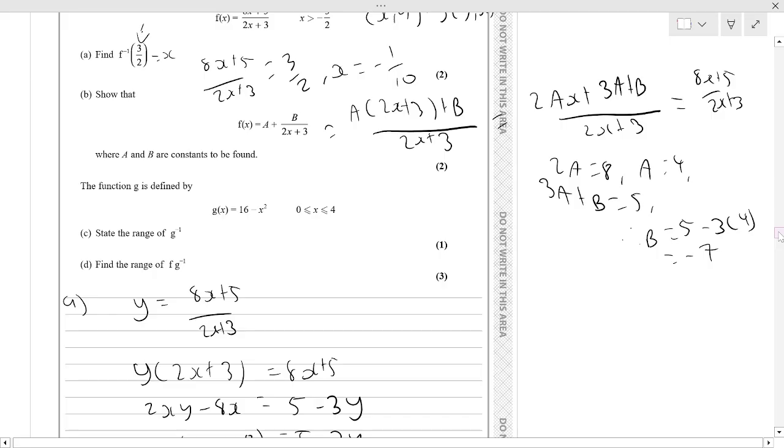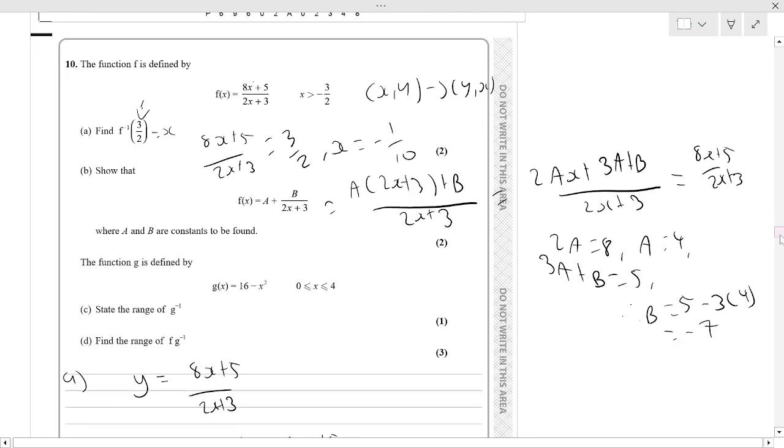Then we're given another function g, and it says for c, state the range of g inverse of x. Well, that's where you need to remember the link between inverse and the normal function. And again, it goes back to this key idea that the roles of x and y switch.